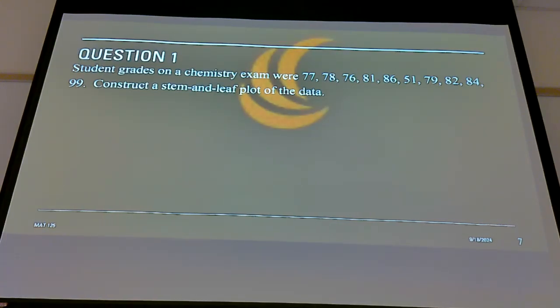Grades on the chemistry exam are given. Construct a stem and leaf plot. Again, let's look for the smallest value. So that's where our stem will start, 5. What's the largest? 99. So our stem will go down to 9.